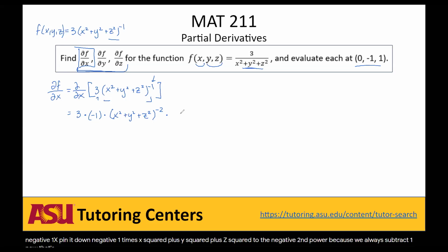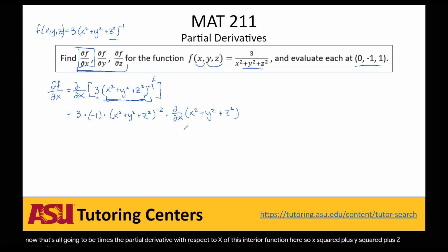Now that's all going to be times the partial derivative with respect to x of this interior function here, so x squared plus y squared plus z squared.